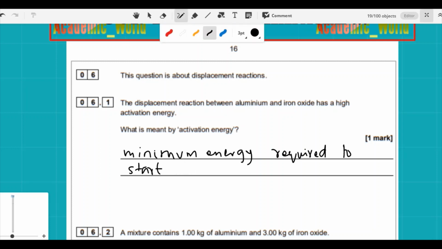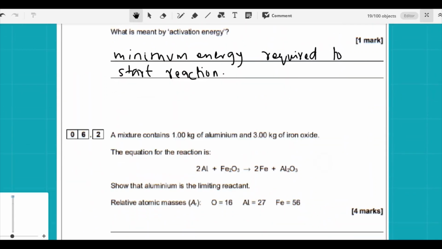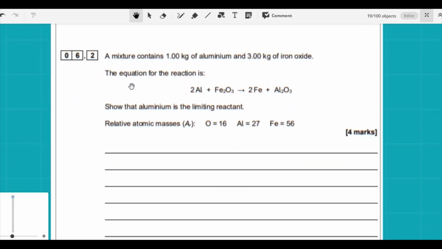Now here the question is, a mixture contains 1.0 kilograms of aluminum and 3.0 kg of iron oxide.